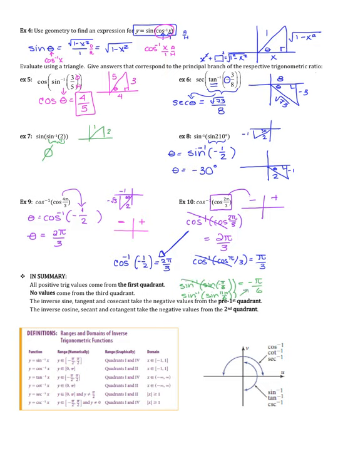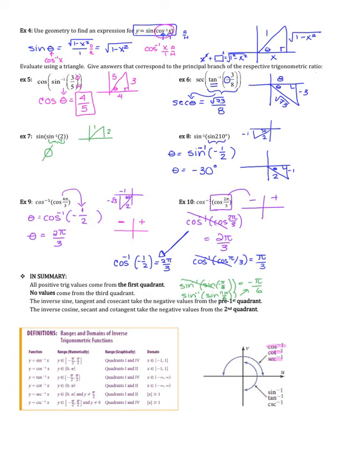Your final answer has to come from either the first quadrant if it's a positive ratio, or the pre-first quadrant if it's a negative ratio. And I love this little diagram to kind of highlight what's happening. So if it's an inverse cosine or inverse secant, and they're just reciprocals, cotangent we'll talk about in a bit.